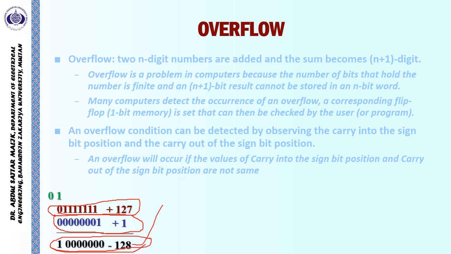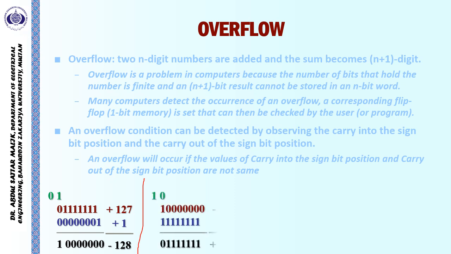And we will elaborate that since the carry into the most significant bit is 1 and the carry out of the most significant bit is 0, since these two bits are not the same, the result is not valid.